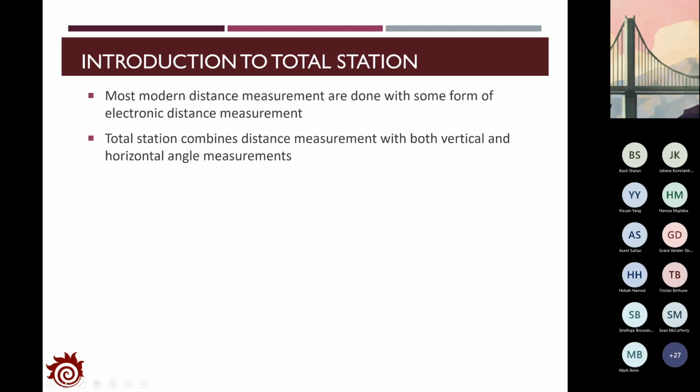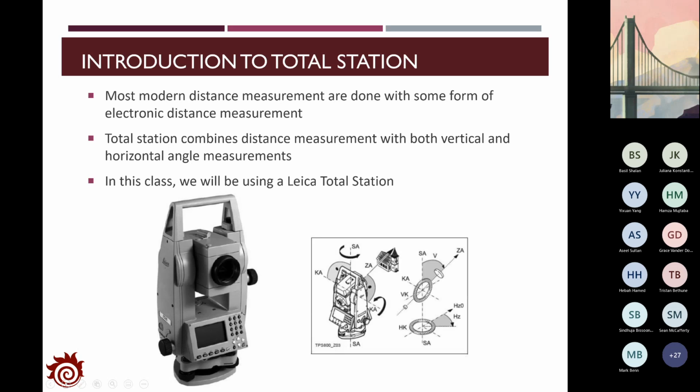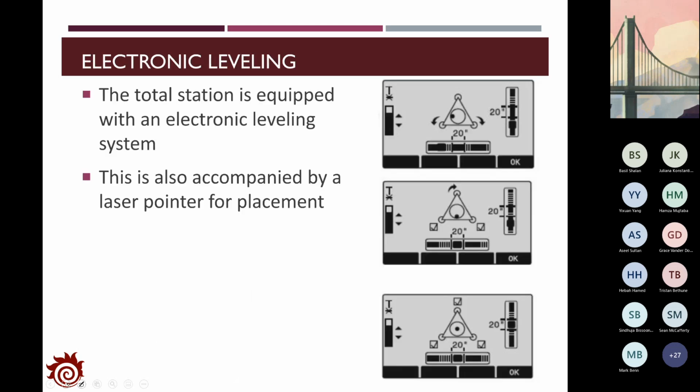With the total station, we can measure the distance, including horizontal and vertical distance, and also the horizontal and vertical angles simultaneously. With that, you can find out the relative locations, distance and directions of any two points with one measurement. In this class, the model we are going to use is the Leica total station, and it's easy for you to operate.